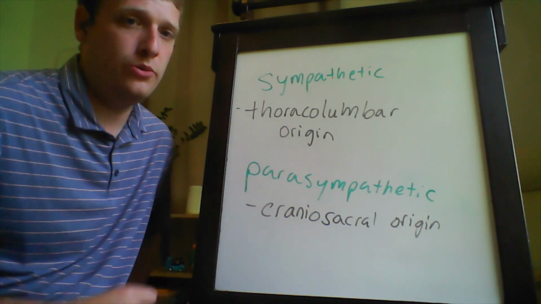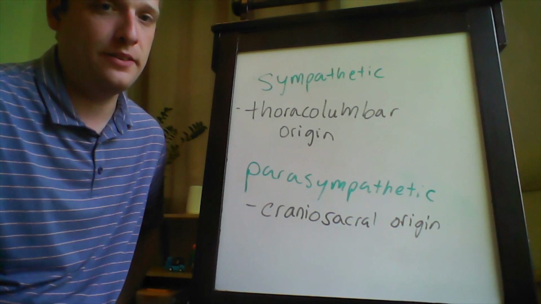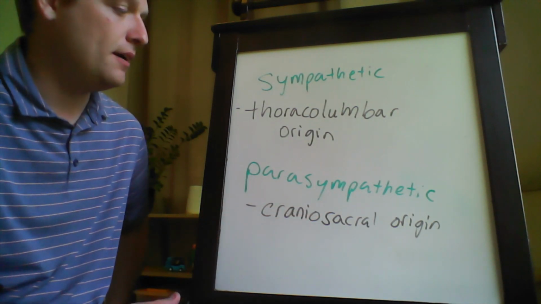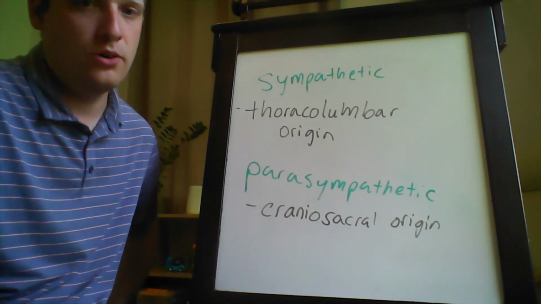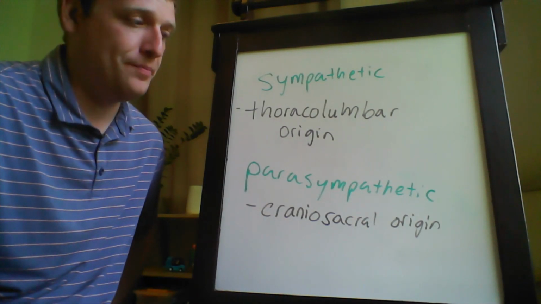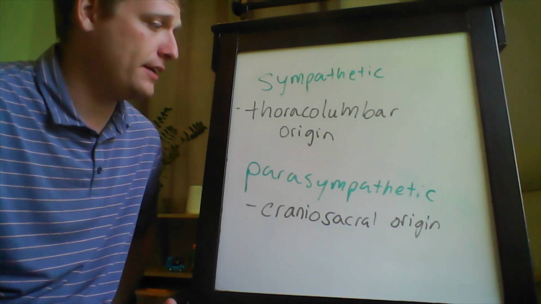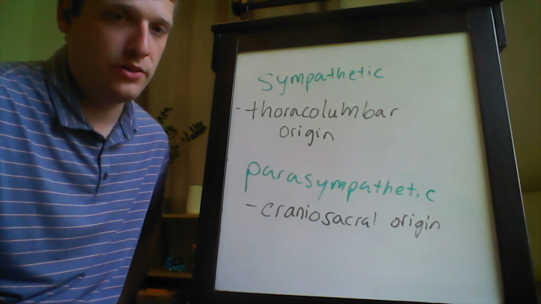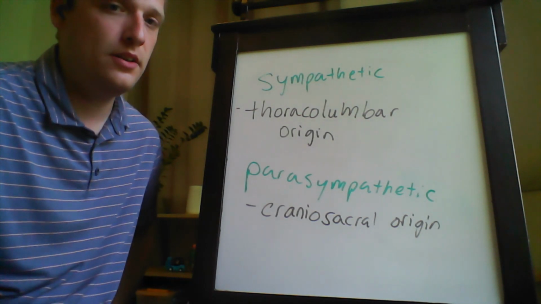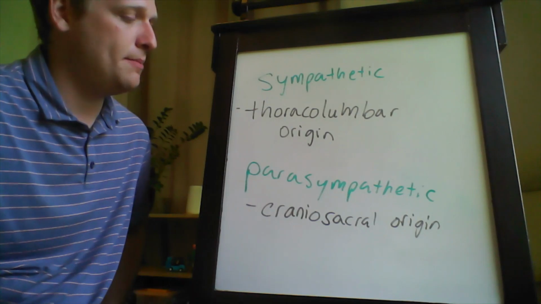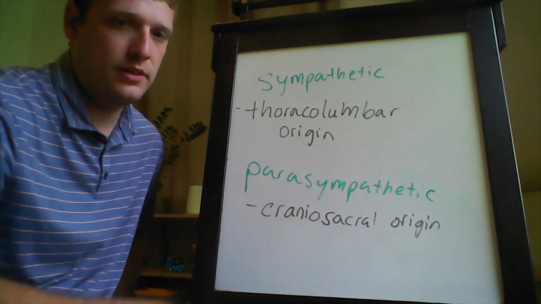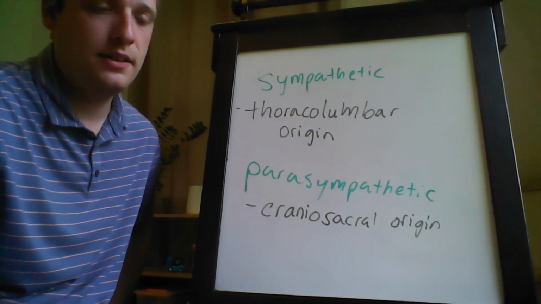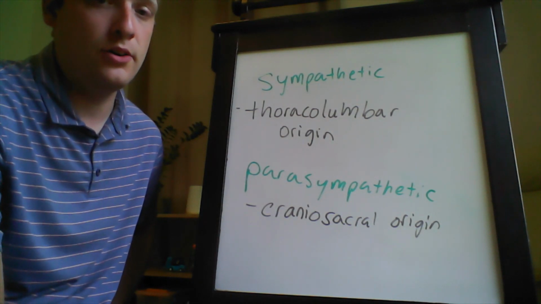So those two regions of the spinal cord are where you're going to find sympathetic neurons. Whereas parasympathetic has a craniosacral origin, which means you have cranial nerves carrying parasympathetic neurons, and you also have sacral nerves carrying parasympathetic neurons. So thoracolumbar for sympathetic, and craniosacral is the origin for the parasympathetic, or the rest and digest portion of the autonomic nervous system.